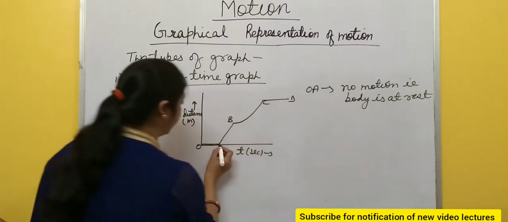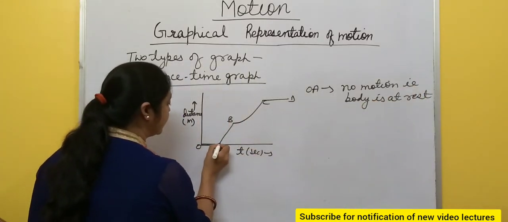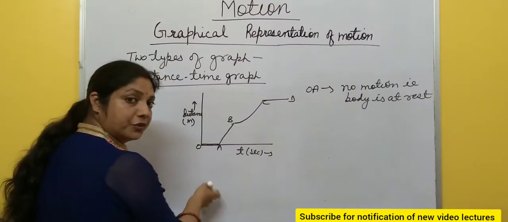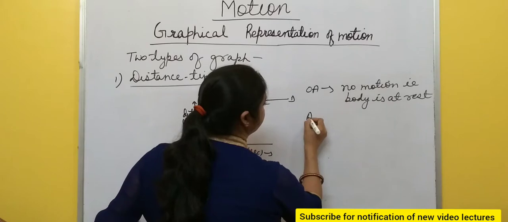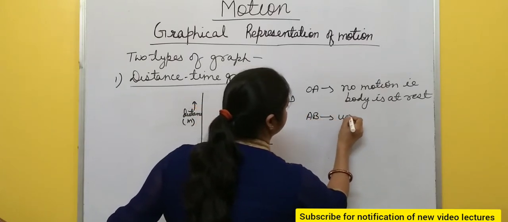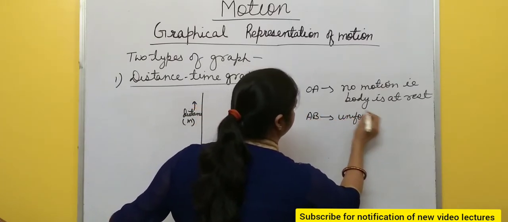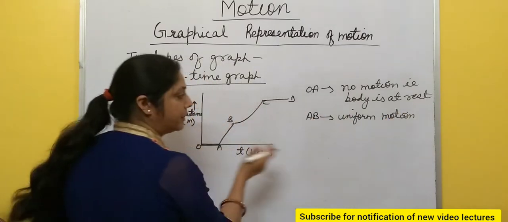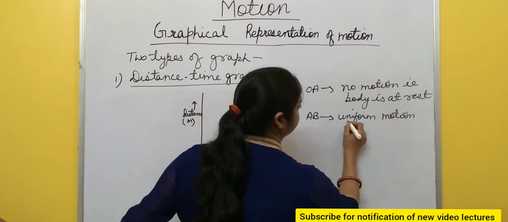Right. Now second, AB. Here this is a straight line. This shows what type of motion? Right, uniform motion. AB represents uniform motion. And in this case, speed remains what? Constant.